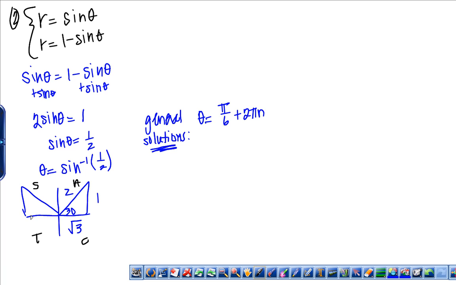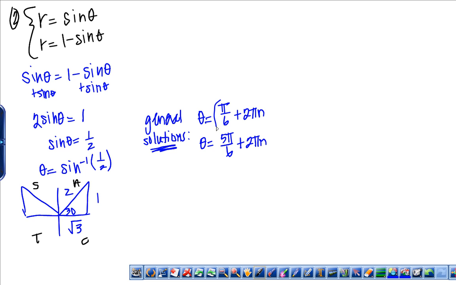So sine is positive over here as well. So 30 degrees, again, this is going to be a 30 degree, okay? So if this is pi over 6, what is the angle going to be over here? So that should be 5 pi over 6. So 5 pi over 6 plus 2 pi n.